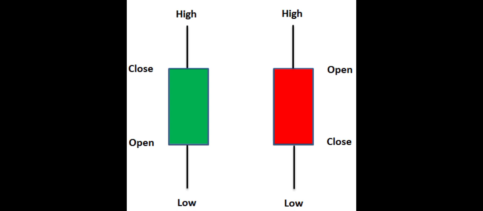For example, let's suppose that this is a bullish green candle. Here, open represents the starting point where the candle started to form. The low here represents the minimum lowest price of Bitcoin in those, let's say, 5 minutes, since our time frame is 5 minutes.